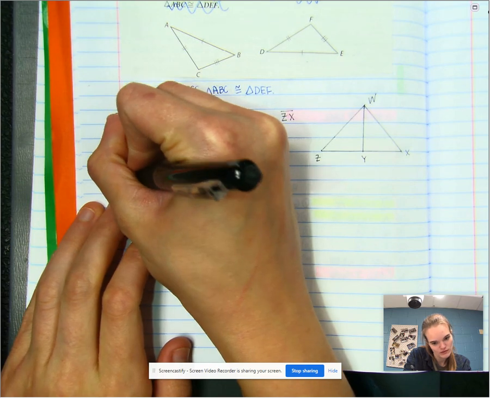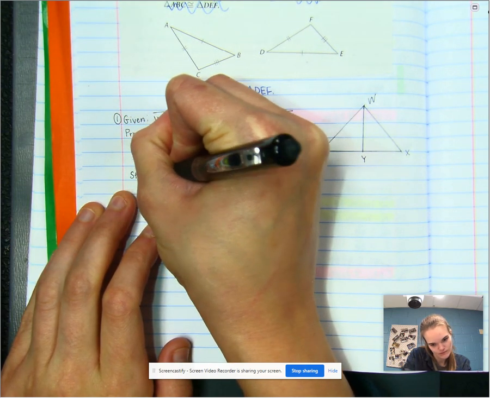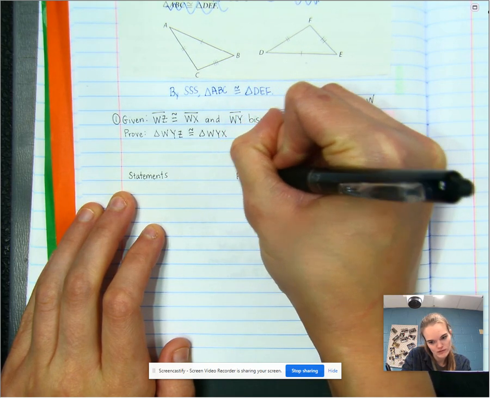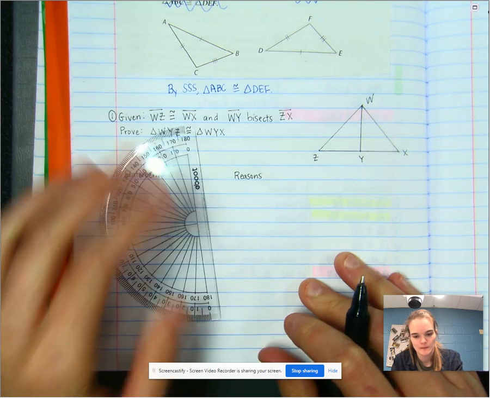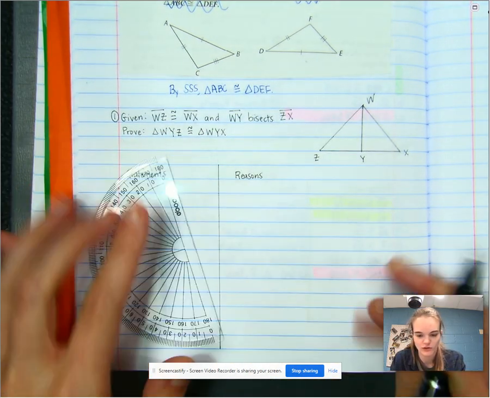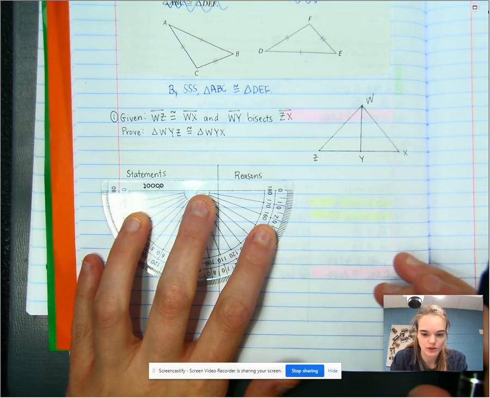Statements. Reasons. I have no idea how many I need. I'm just going to use the rest of the page, honestly. I don't really know. Depends on what we do.